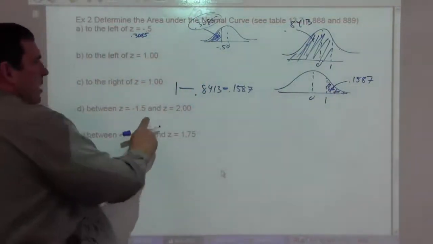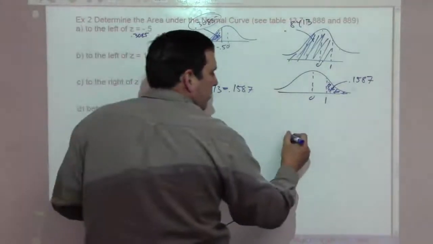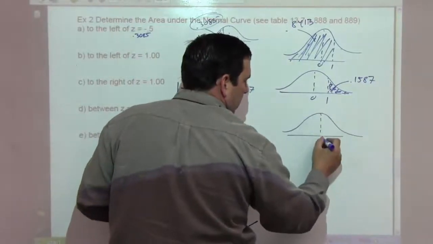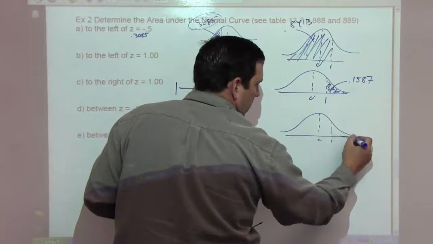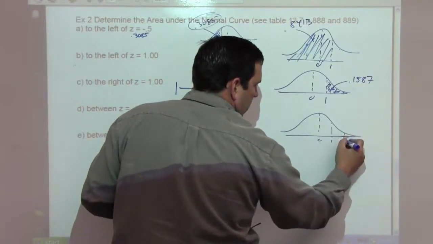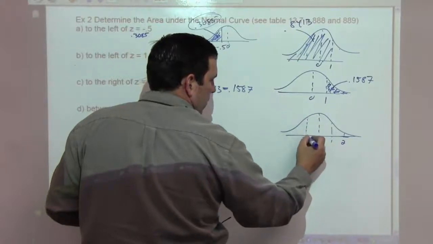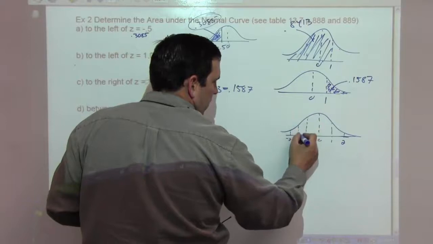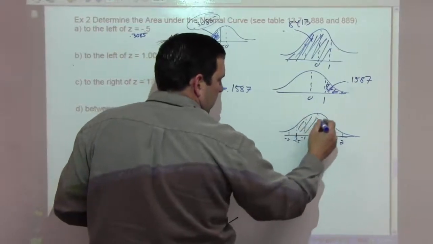The next question is talking about being between negative 1.5 and 2.0. So we're talking about this region here.